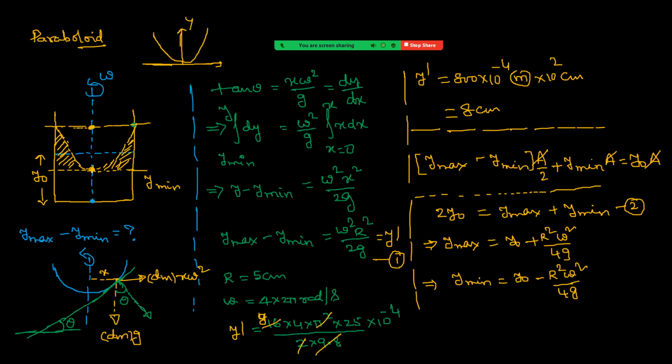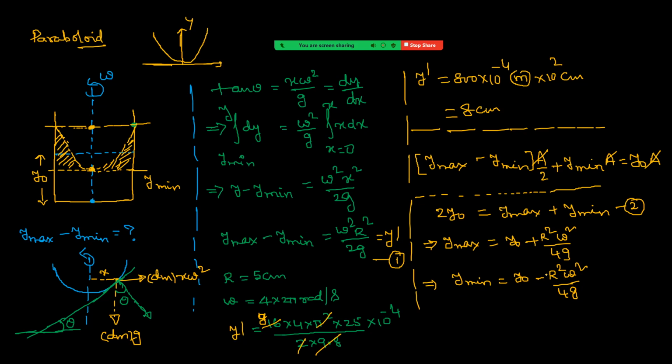Question is like, for what value of omega is the midpoint of the base of the cylinder visible? That means what is y minimum? It becomes 0, right? The shape becomes like this. That means if the center of the base is visible, then y minimum equals 0. Then we get the corresponding value of omega.